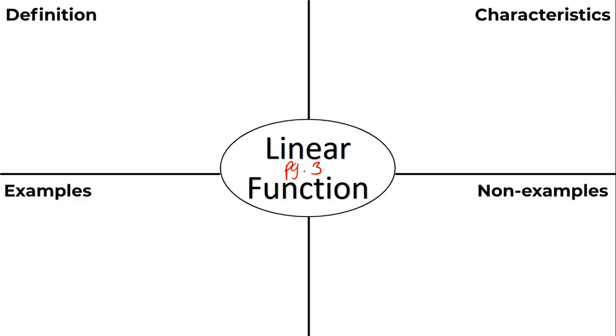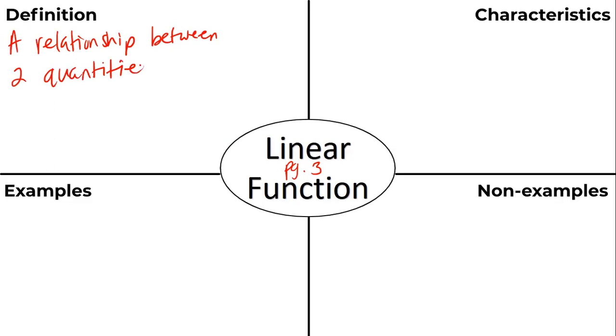All right. So for linear function, we're going to write the formal definition. Okay. We're writing our formal definition. And the formal definition, well, semi-formal, is going to be a relationship between two quantities. And those quantities are x and y, some unknowns, right?